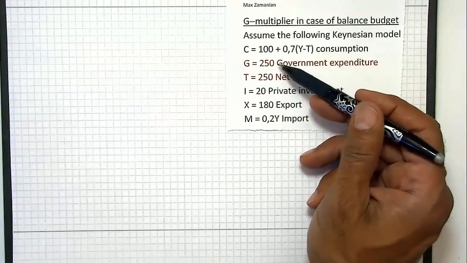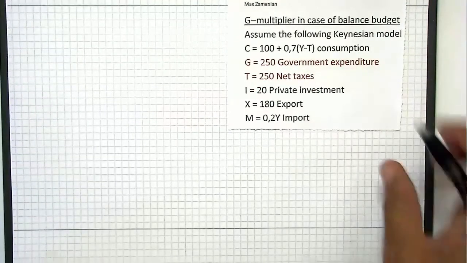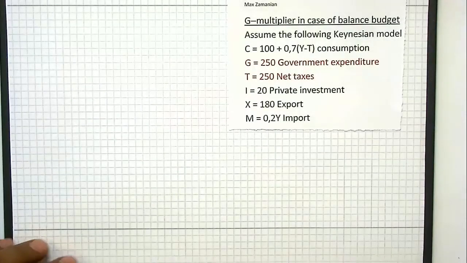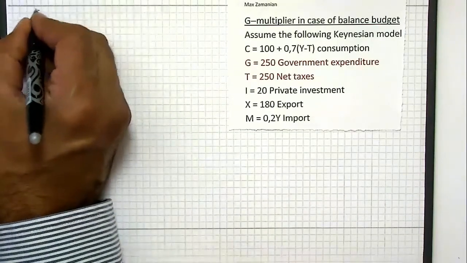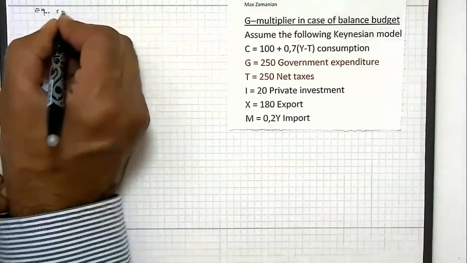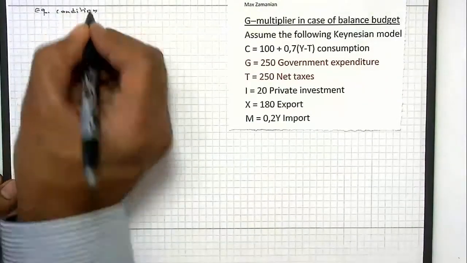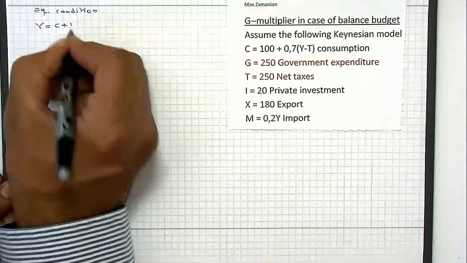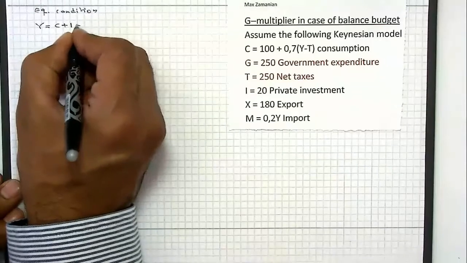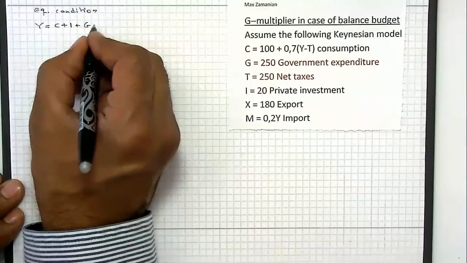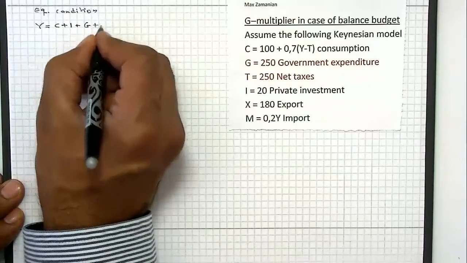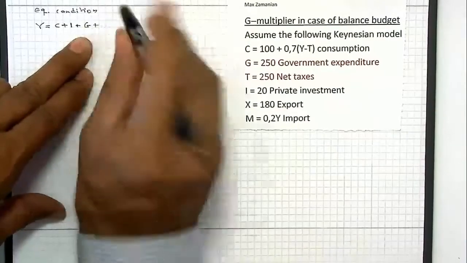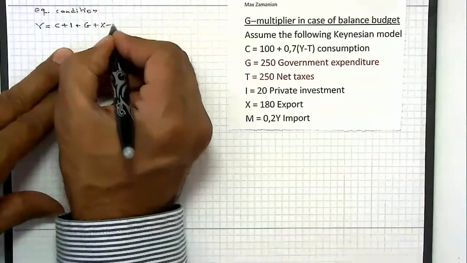Tax revenues equal government expenditure. Again, we can use the same equilibrium condition as before: national output equal to planned expenditure, plus export minus import.